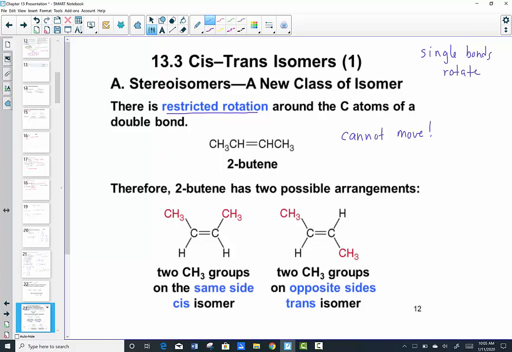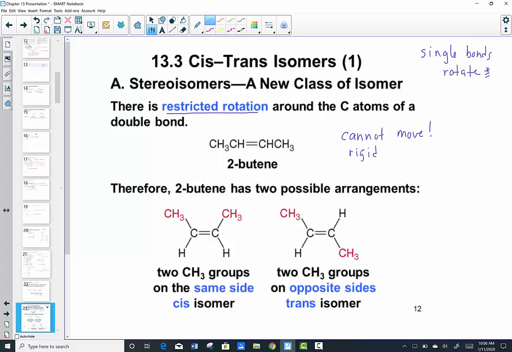If I want to connect 5 carbons in a row, 1, 2, 3, 4, 5, that's okay. I could go 5, 4, 3, 2, 1, that's okay. Because as long as they're connected in the same order, you're giving the same molecule, because single bonds have freedom to move. They rotate in space. But double and triples cannot move. They are restricted rotation. They're rigid. They cannot twist and bend in space.